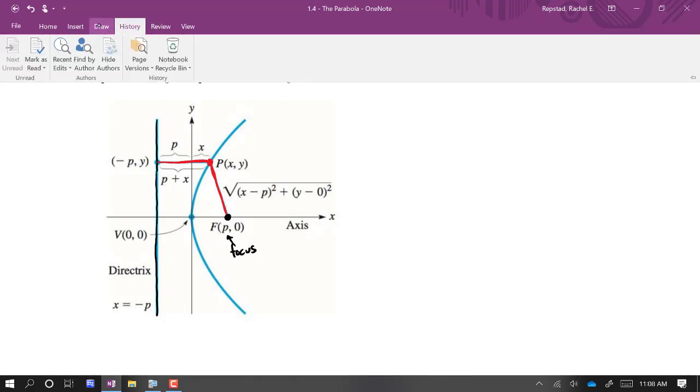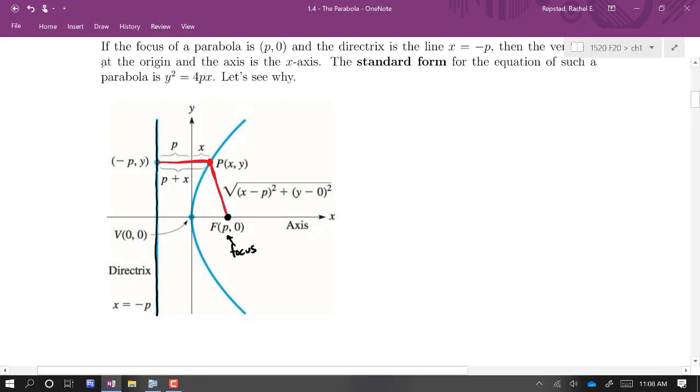So the distance from the point P to the directrix is x plus p. The distance from the point P to the focus we can get just by using the distance formula, and that's what we see here.